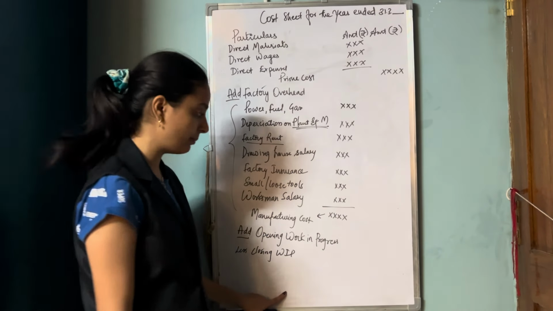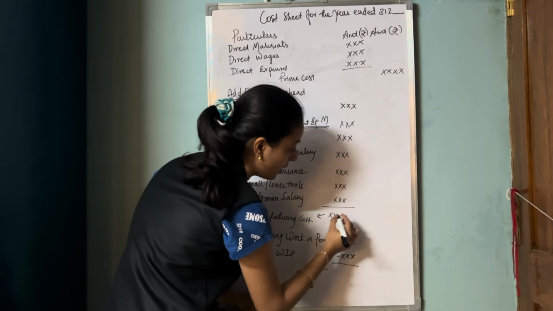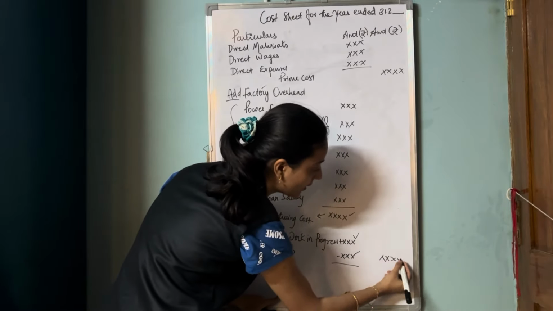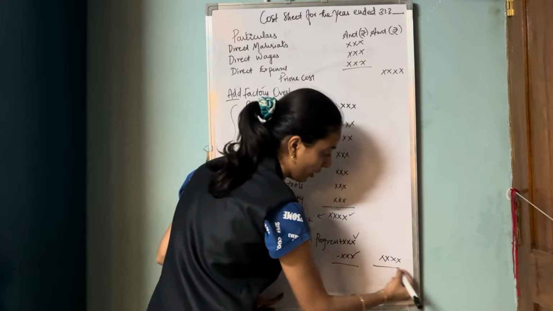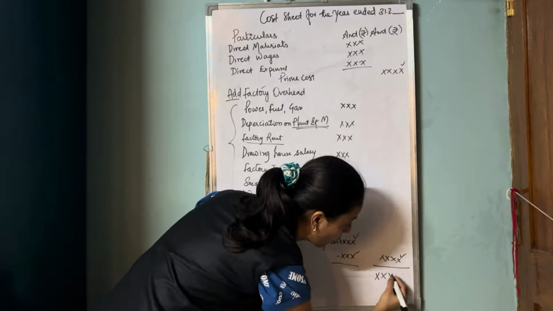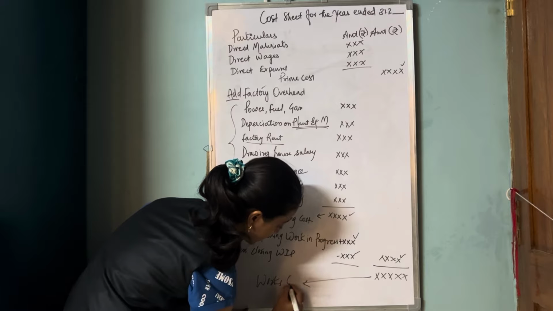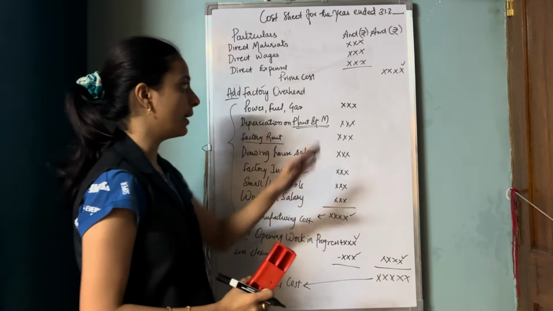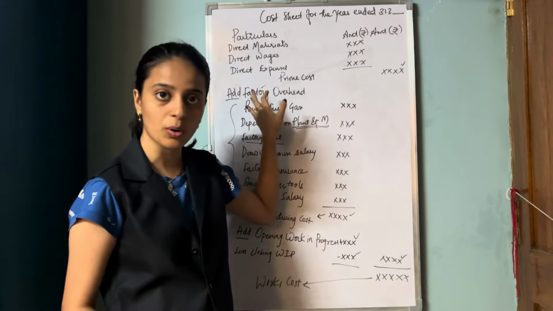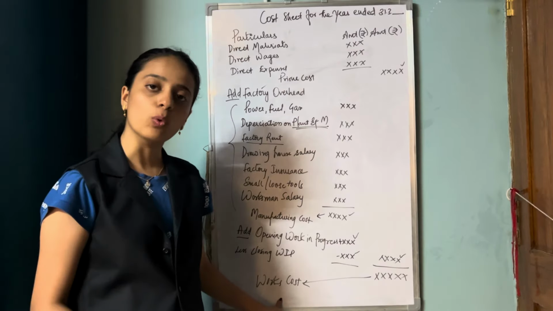Work in progress is nothing but WIP, plus minus. Add this, minus this, whatever you result, write in the outer column. Prime cost plus this will result in nothing but works cost.